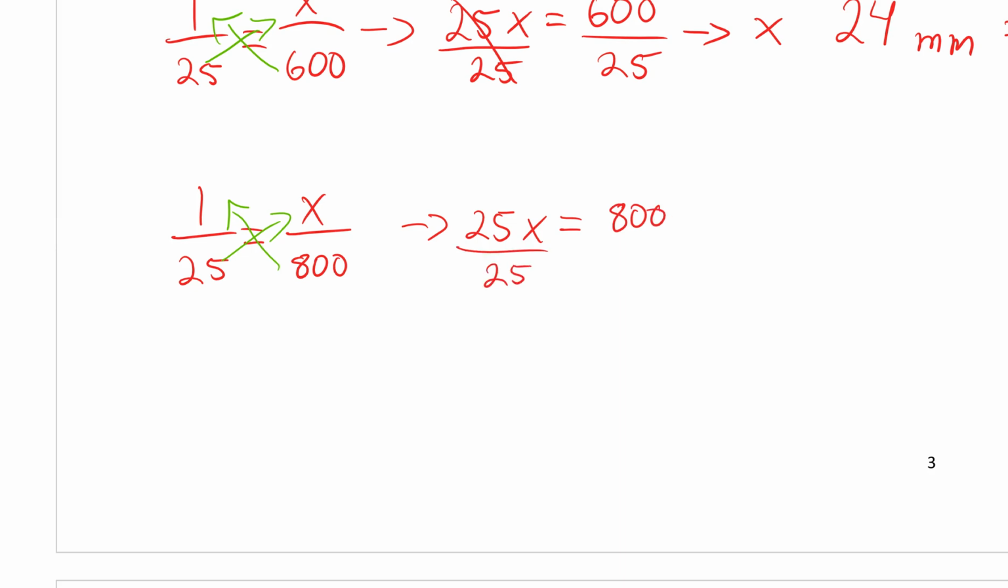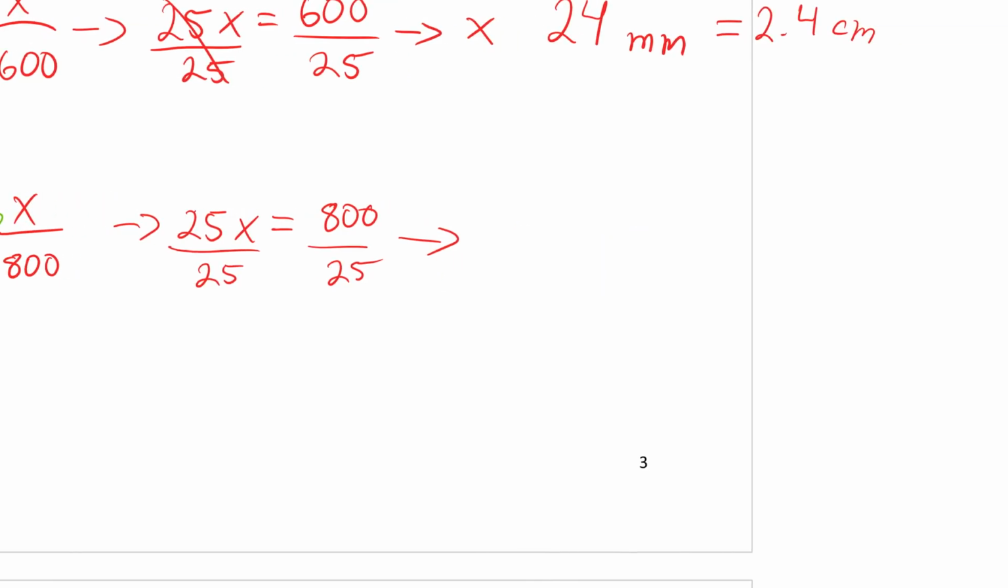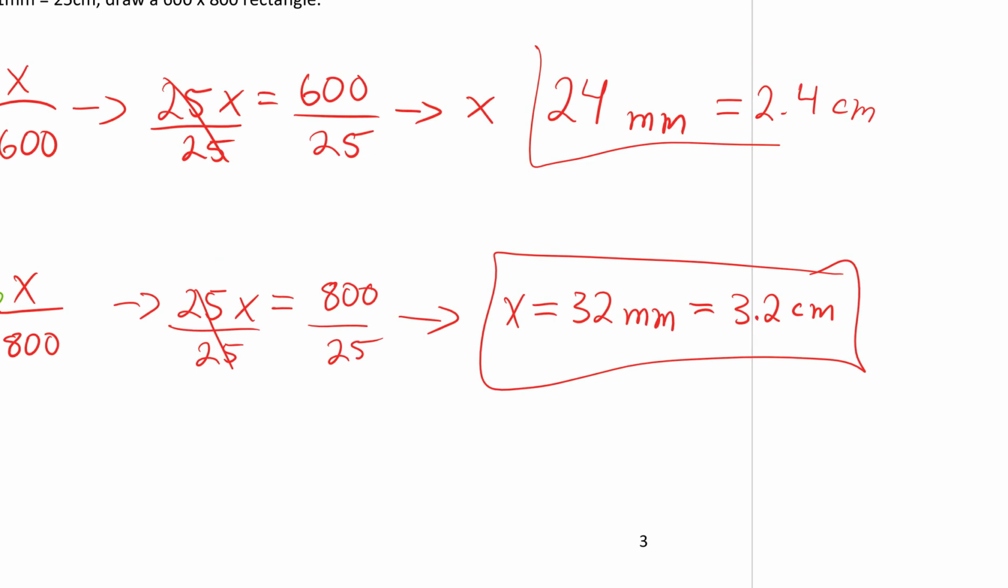Divided by 25, divided by 25, cancels off on the left hand side, so we have x equals 800 divided by 25, which is 32 millimeters, and if we wanted it in centimeters, it would be 3.2 centimeters. And these would be our dimensions for converting our dimensions of 600 centimeters by 800 centimeters using the scale factor of 1 millimeter equals 25 centimeters.